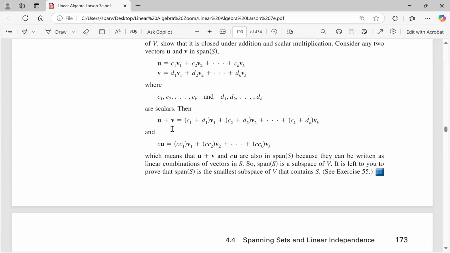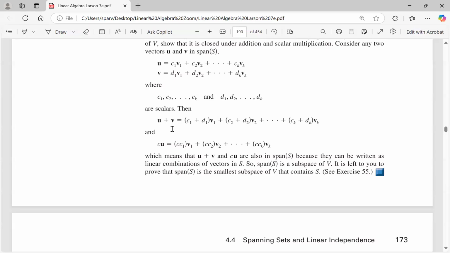So if there are two sets that span the same subspace, they cannot be different. It has to be the same. Now, if the span of one set is different from the span of another set, then that means they span different subspaces, right? Because the span is unique.